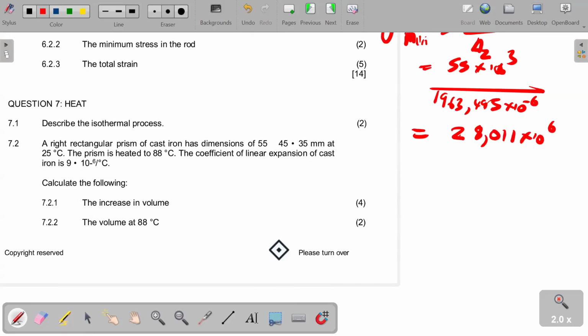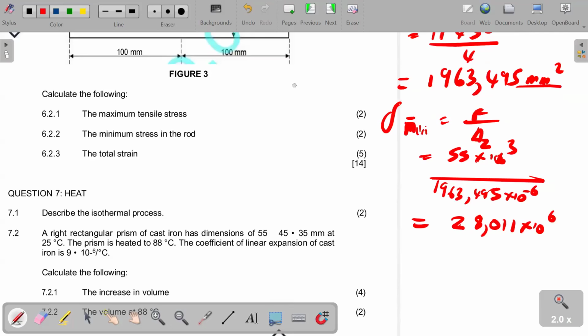Now, the next question is saying calculate the total strain. Okay. First things first, we may want to know the first section strain.